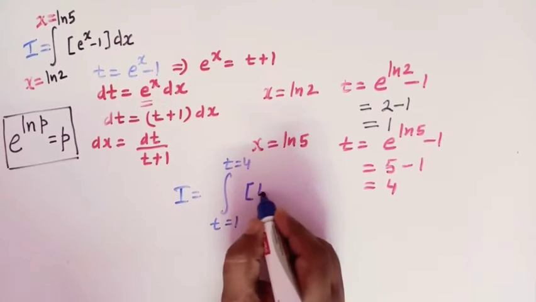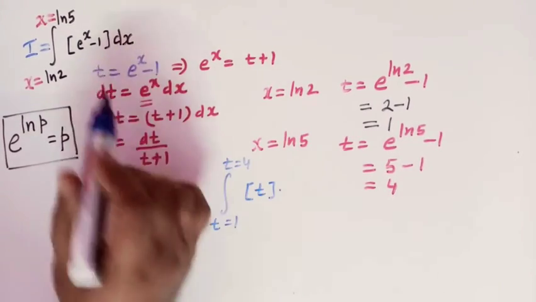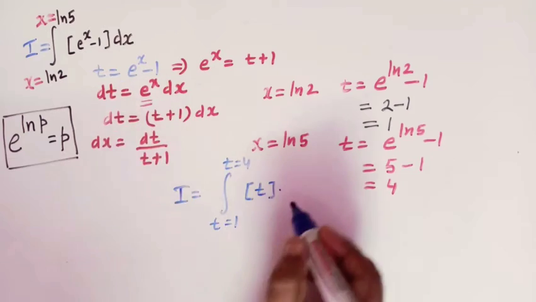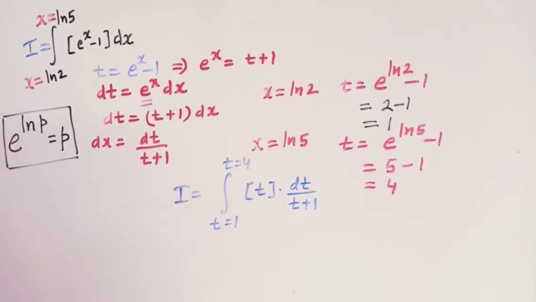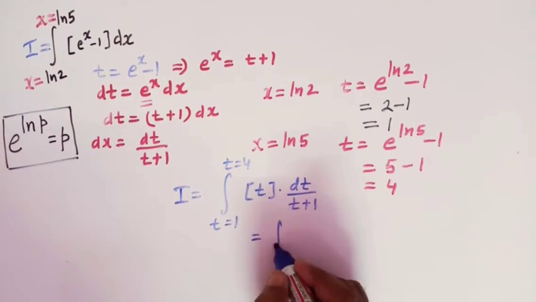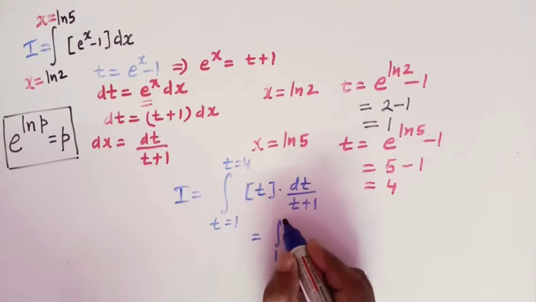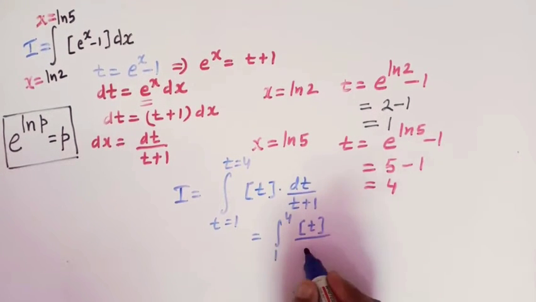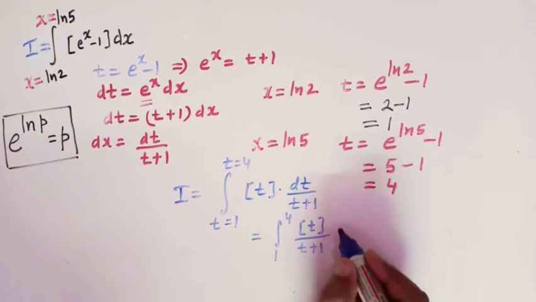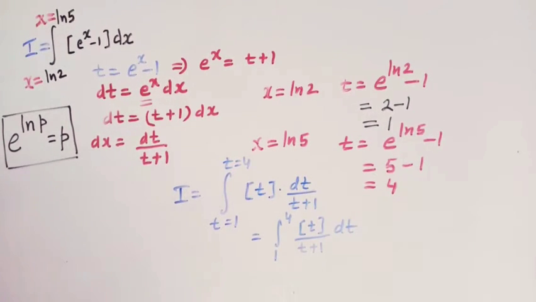So here we have the greatest integer t, and for dx we can write dt over t plus 1, right? So now this integral is equal to the integral from 1 to 4 of greatest integer t divided by t plus 1 dt.